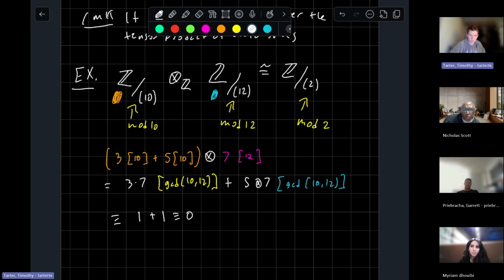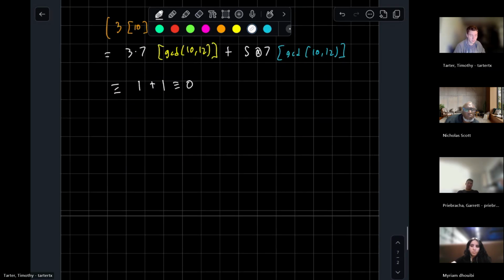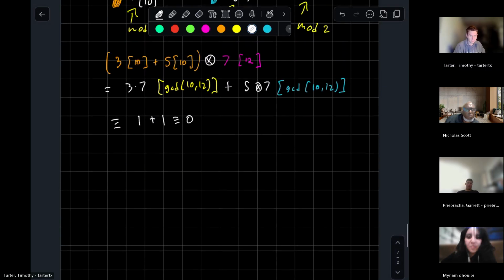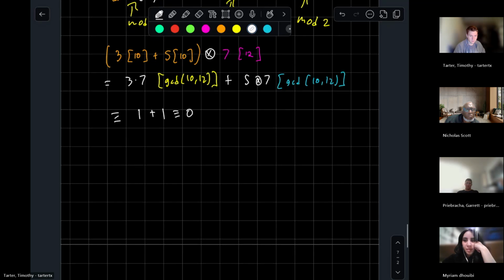Yeah. The way that we form this is, basically, trying to find the general way to compute the Z tensor product.